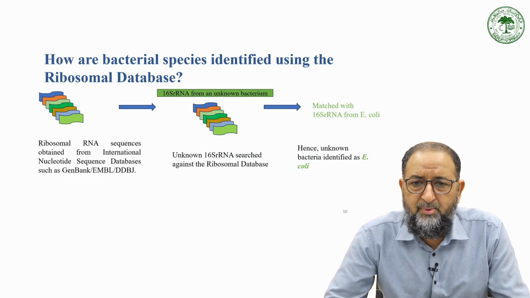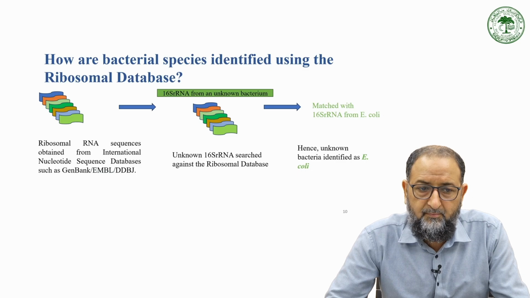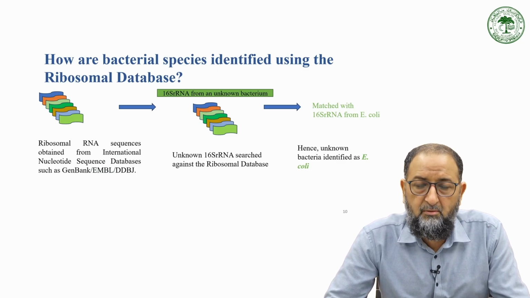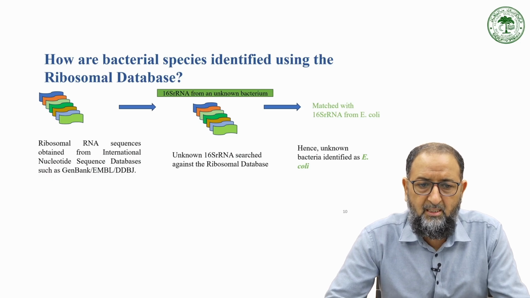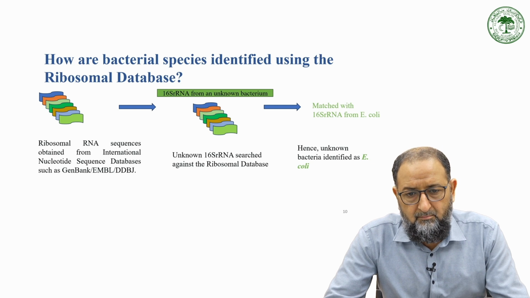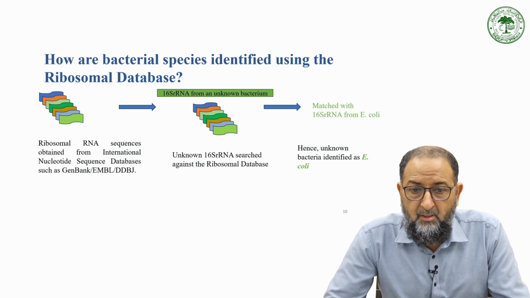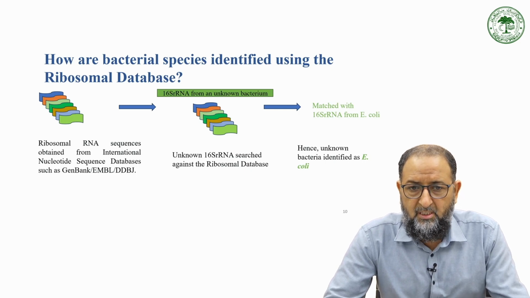How are bacterial species identified using the ribosomal database? Ribosomal RNA sequences are obtained from the International Nucleotide Sequence databases such as GenBank, EMBL and DDBJ. Then the 16S rRNA from an unknown bacterium is searched against the ribosomal databases.